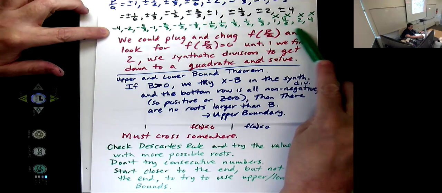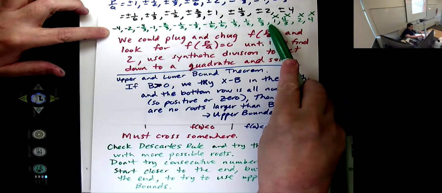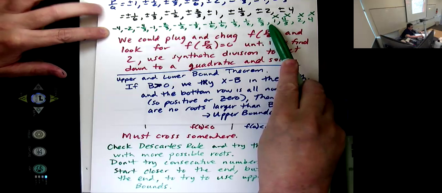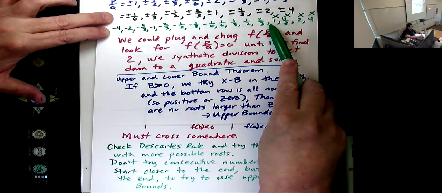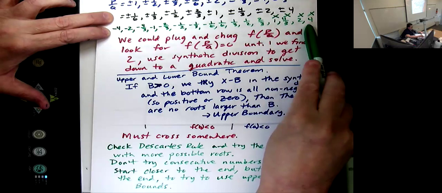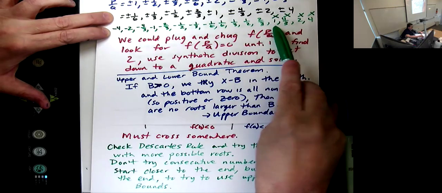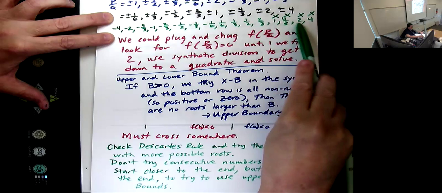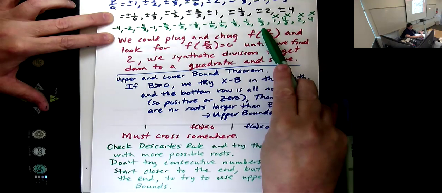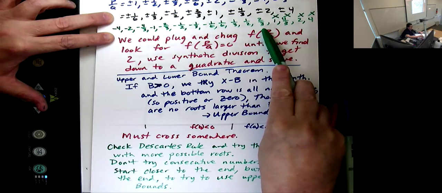By doing the upper bound rule, I eyeballed it in my head, and I thought one will be all positive in the bottom. But I didn't try either end. Trying this out eliminated all those. I've only got 4 positive numbers left, and 3 of them could be our roots.